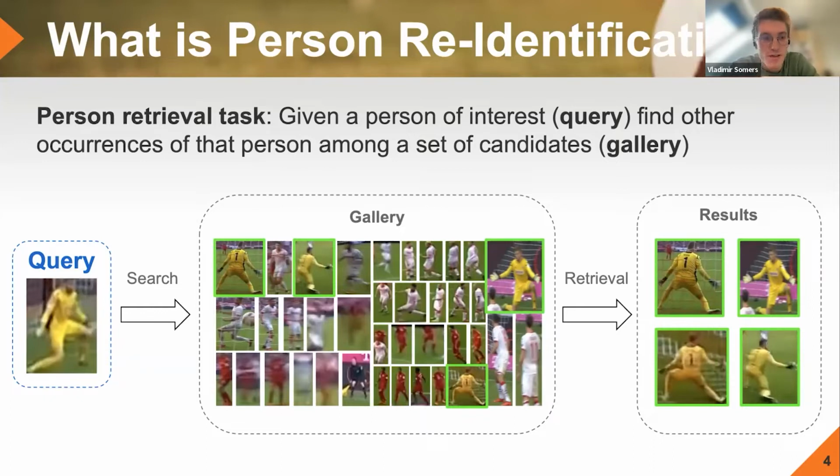And the goal will be to find occurrences of that person among a set of candidates, which we call the gallery, and which is represented by all these image scraps of soccer players in the middle of the figure. And hopefully, in the end, if you manage to develop an efficient ReID model, you will get as an output all images depicting the same player, the same identity.